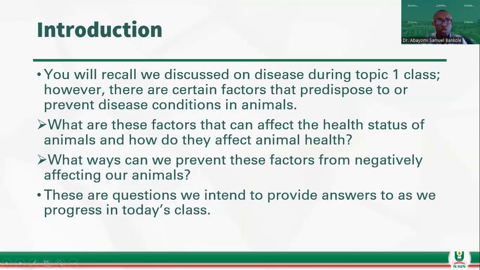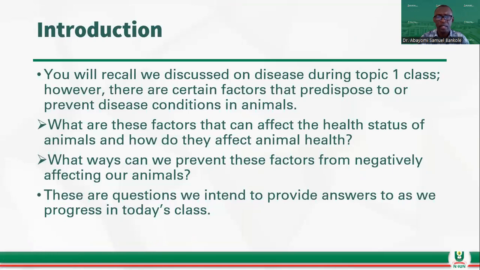So let's go straight to the introduction. Now, you will recall we discussed disease during topic 1 class. However, there are certain factors that predispose to or prevent disease conditions in animals.